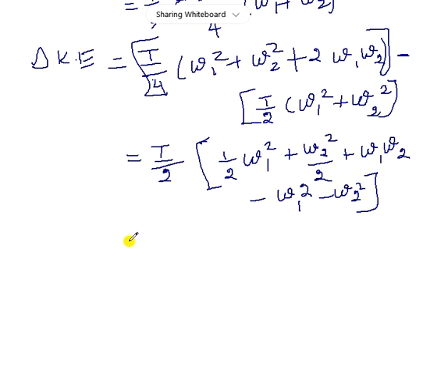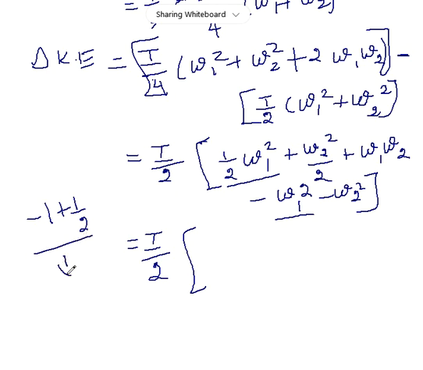Now simplifying must be easy for you. So half omega 1 square, and here minus 1 omega 1 square. To minus 1 you are going to add this plus half. What is the answer you are going to have? Minus 1 plus 1 by 2. What is the answer for this? Minus 1 by 2 or plus 1 by 2? This one is minus 1 by 2.